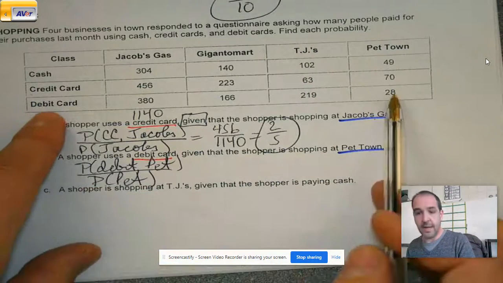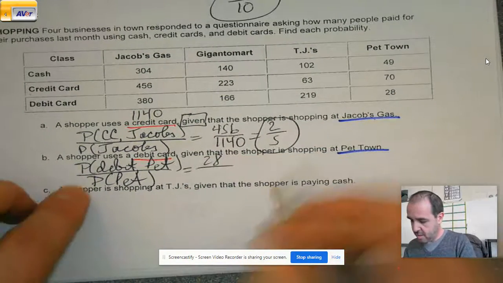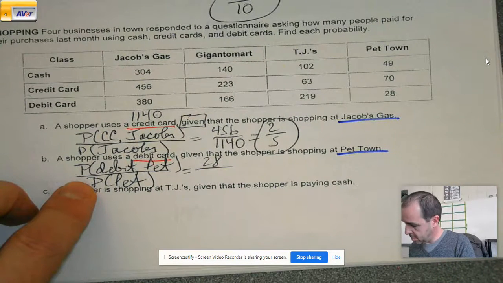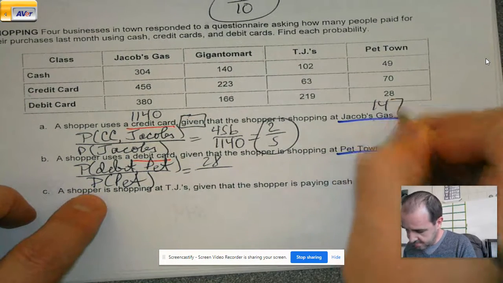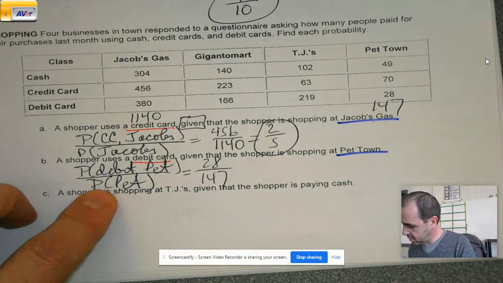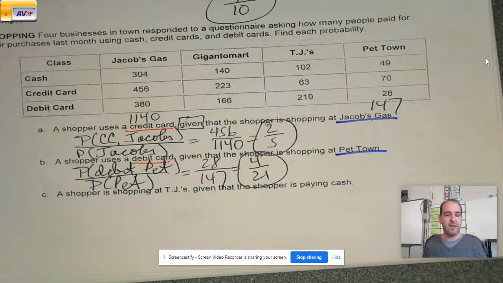Debit, Pet Town, 28 over all the Pet Town, 147. And get that reduced. Okay, very straightforward.